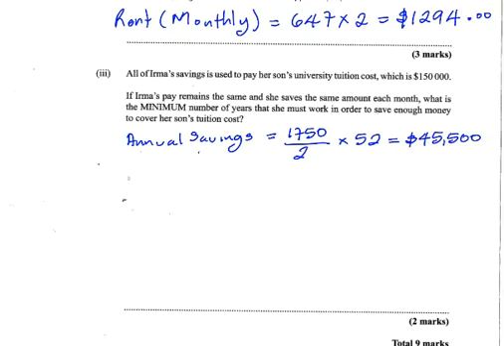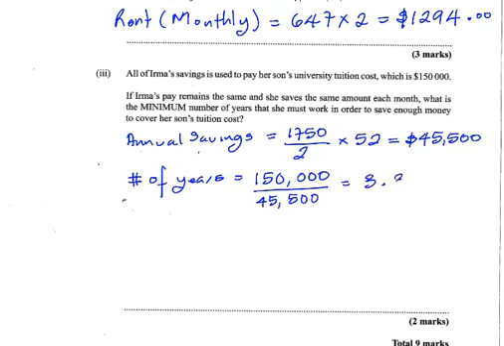So the number of years she would have to work and save in order to pay her son's tuition would be equal to the total amount she has to pay, which is 150,000, divided by the amount she saves per year, which is 45,500, and what we get is 3.3 years.